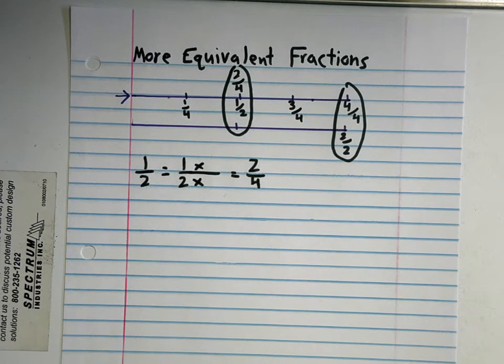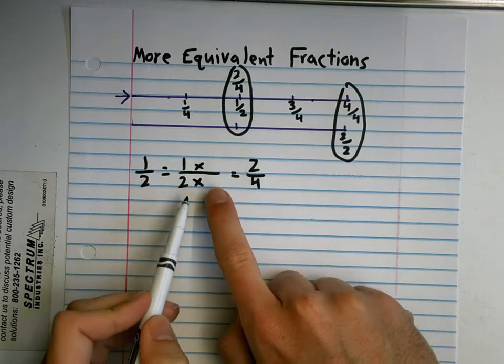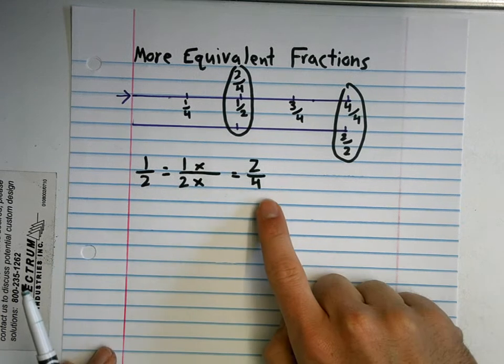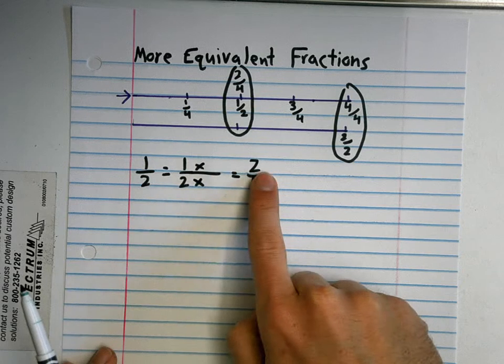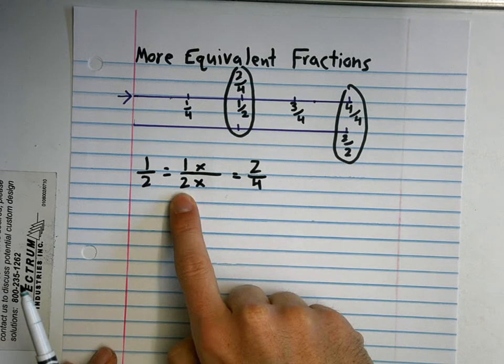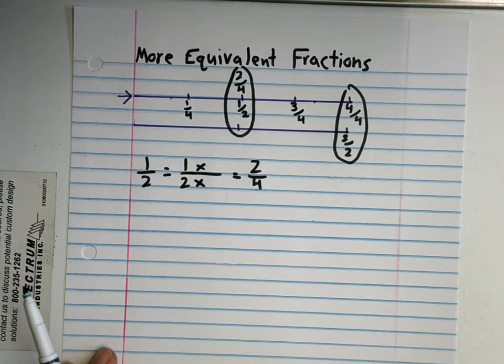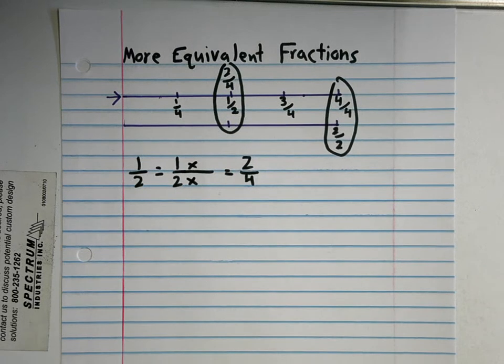Now, for them to be equivalent, most times, like in what we do today, you have to divide or multiply both the numerator and denominator by the same thing. So what am I multiplying my numerator and my denominator by to get this one? What am I multiplying 1 by to get 2? And what am I multiplying 2 by to get 4? What am I multiplying these by?